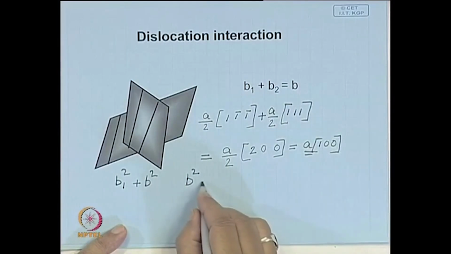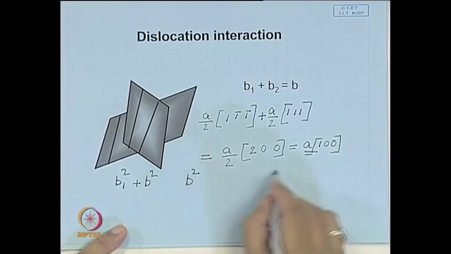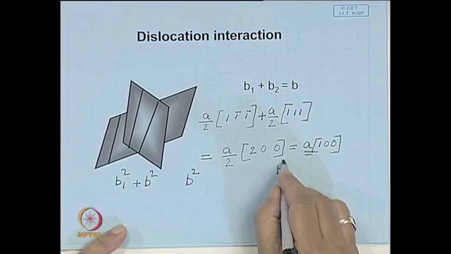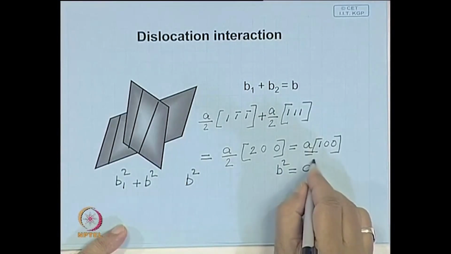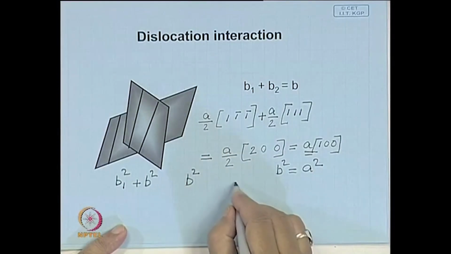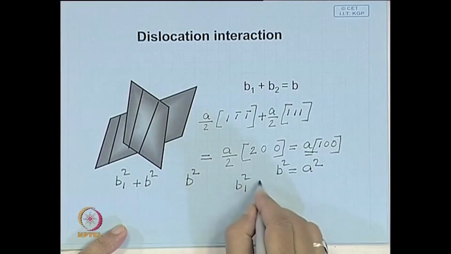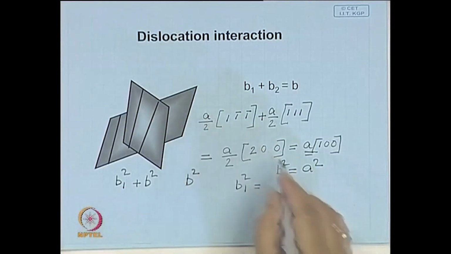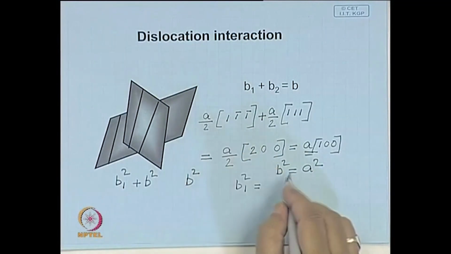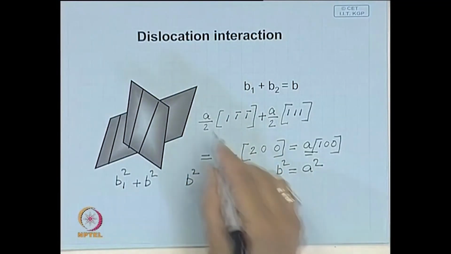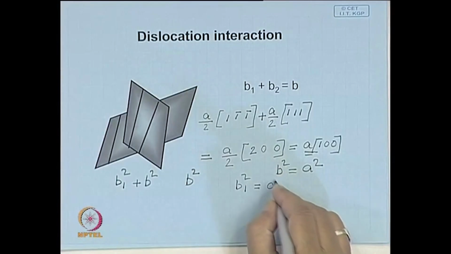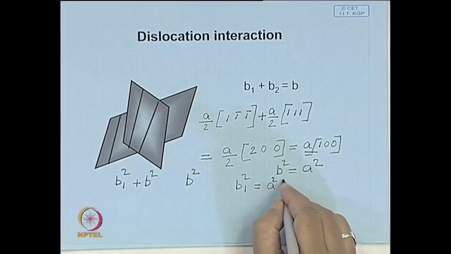So basically b square is equal to a square. And what is b1 square? b1 square is this, we can say is a square.